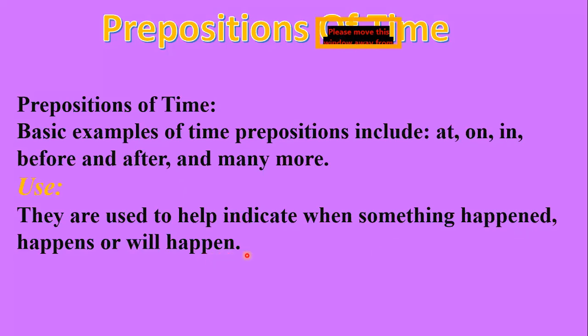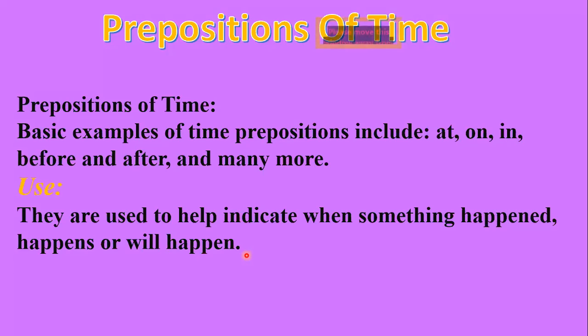Basically, they are used to tell the timing of a thing: when did something happen, or when will something happen, or when is something happening? Is it happening at 8 o'clock? Is it happening on Friday? Is it happening in a meeting?